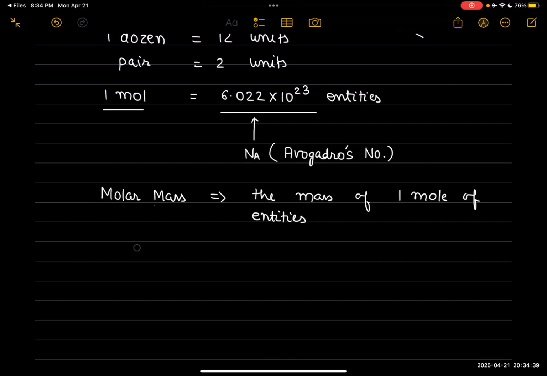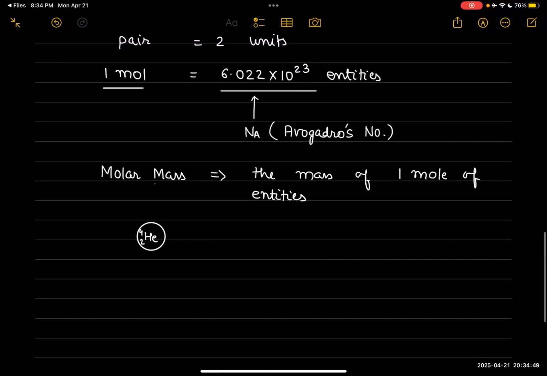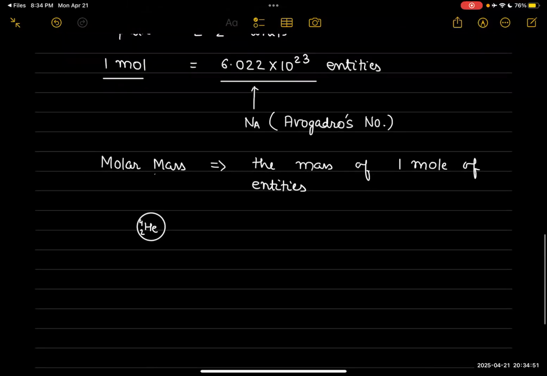Suppose I give you 1 helium atom. What is the mass of just a single helium atom? 4U. Got it? Yes. Okay, very correctly predicted.